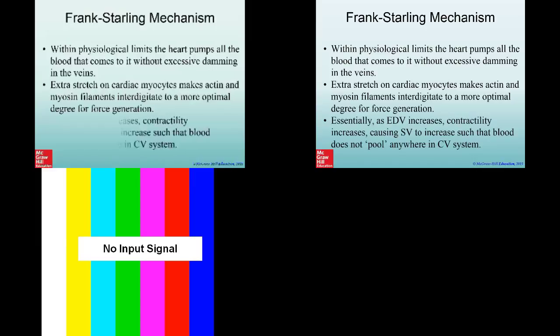So in a nutshell, Frank-Starling basically says that as your end diastolic volume increases because of an increase in venous return, you have to increase contractility in order to keep that rule in place. Whatever comes in has to go out. Right? They have to be equal. So an increase in venous return is going to stimulate cardiac muscle stretch and an increase in contractile strength.